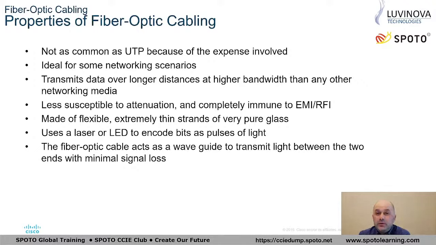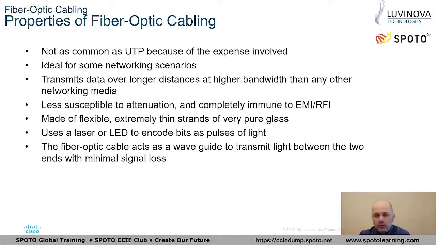It's less susceptible to attenuation and completely immune to EMI or RFI. Why? Because the carrier of the data in fiber optics is light impulses. It's not affected by EMI or RFI. It's made of flexible, extremely thin strands of very pure glass, and uses a laser or LED to encode the bits as pulses of light.